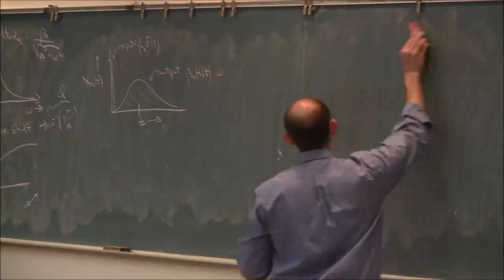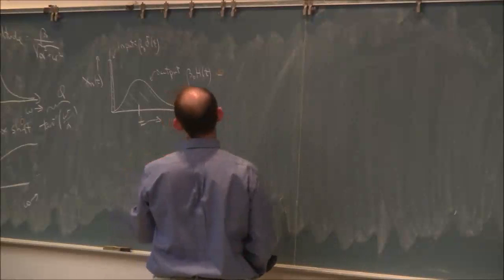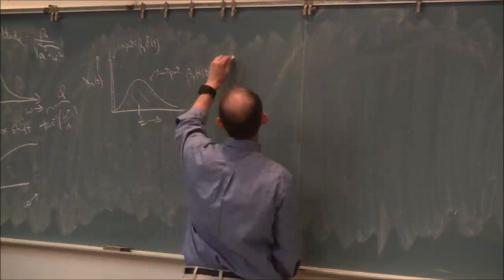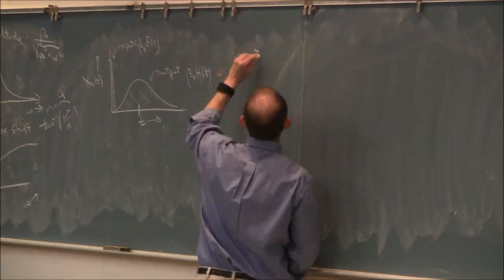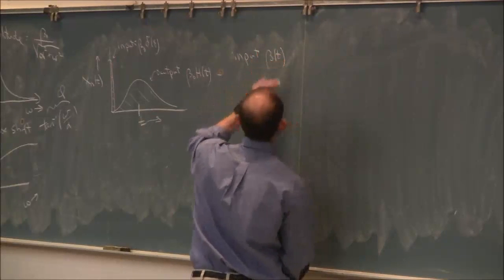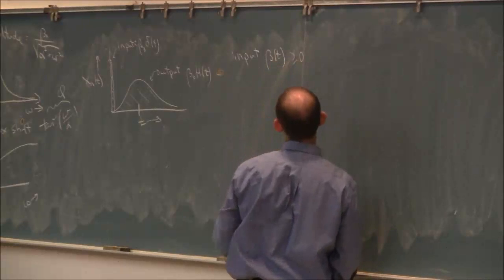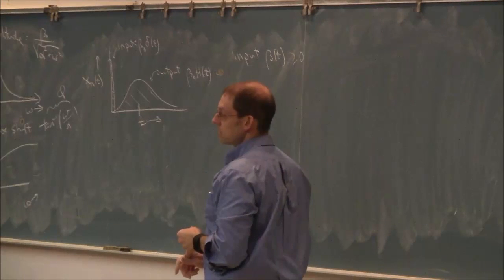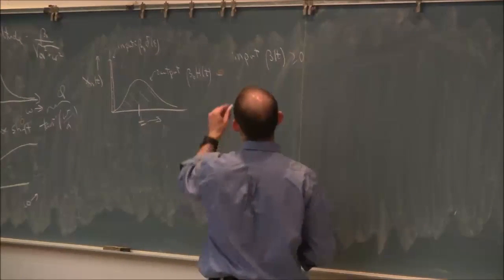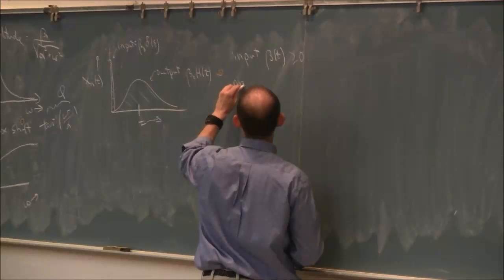So for an input, say that we have an input beta of t, to make it meaningful, that's greater than or equal to 0, for all times. So what is the mean time of the input?